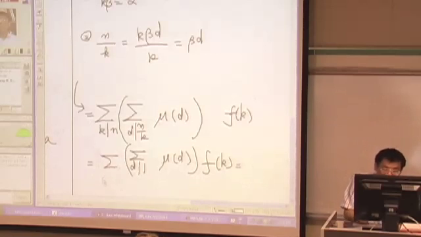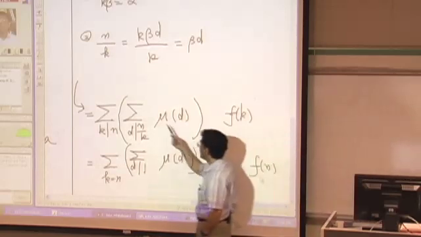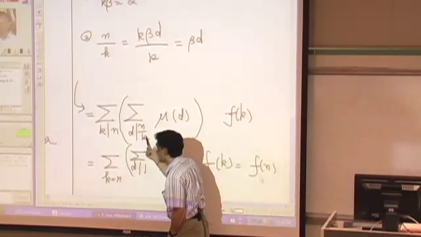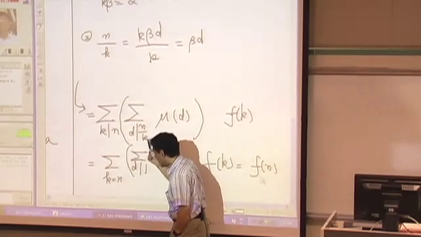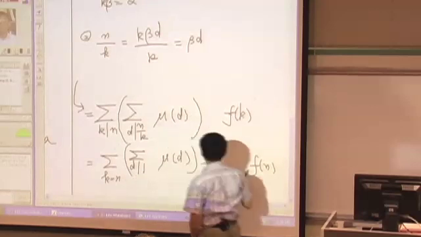So the result is f of n. Why? Because the only time this doesn't become 0 is when k is equal to n. When k is smaller, then this automatically becomes 0.